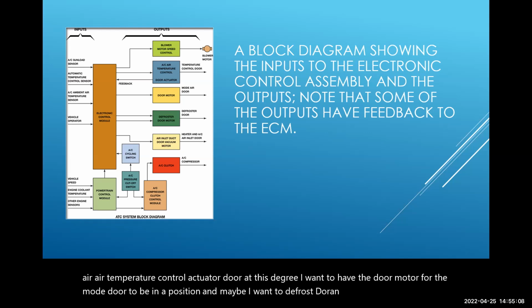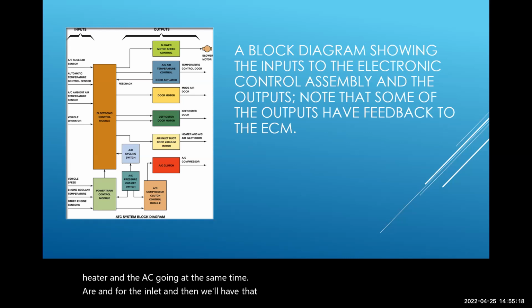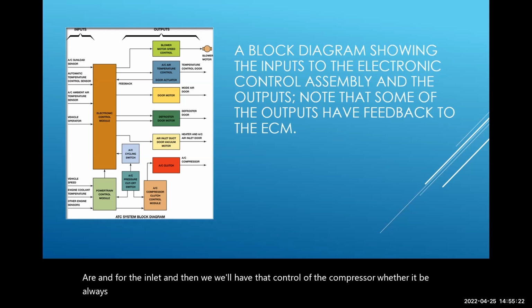We might want the heater and the AC going at the same time, and for the inlet. And then we'll have that control of the compressor, whether it be always on or a cycling type system where it cycles that clutch. So all of this, and then a lot of times it doesn't show here, there'll be a feedback.